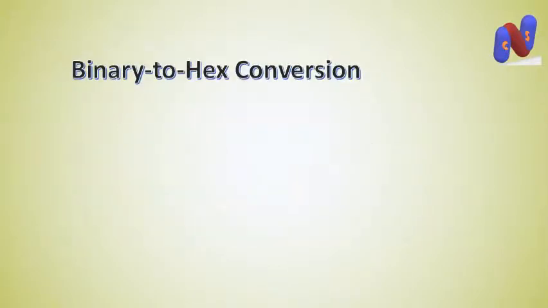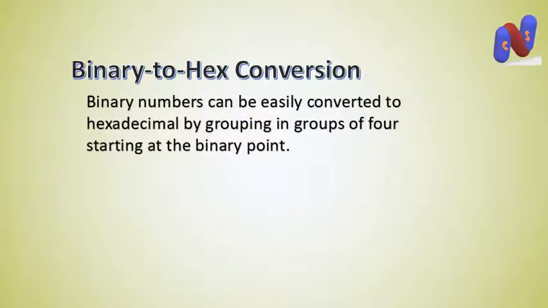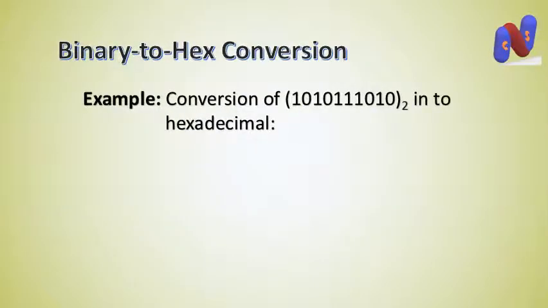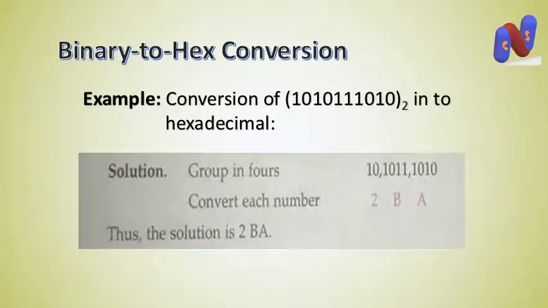Now, how to convert a binary number into a hexadecimal number? A binary number can be easily converted to hexadecimal by grouping in groups of 4, starting at the binary point. With the help of an example, we have to convert 1010111010 into a hexadecimal number. Here you can see, when we make groups of 4, we get 1010, 1011 and 10.